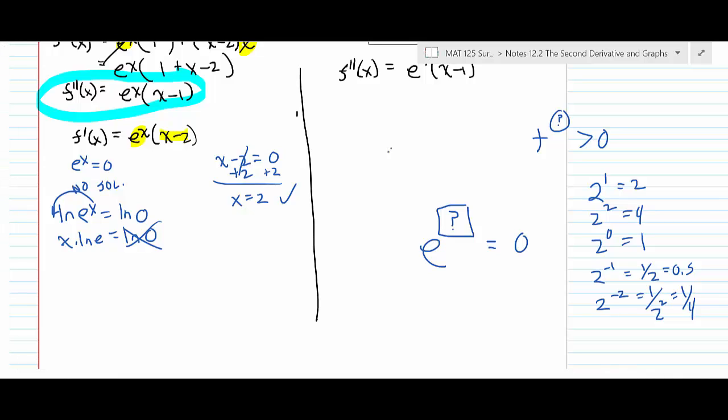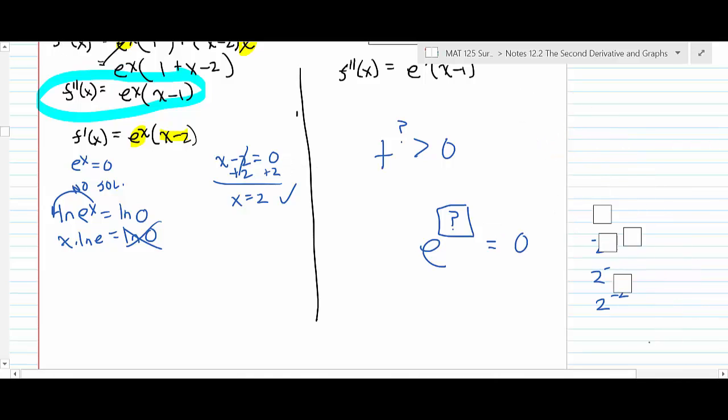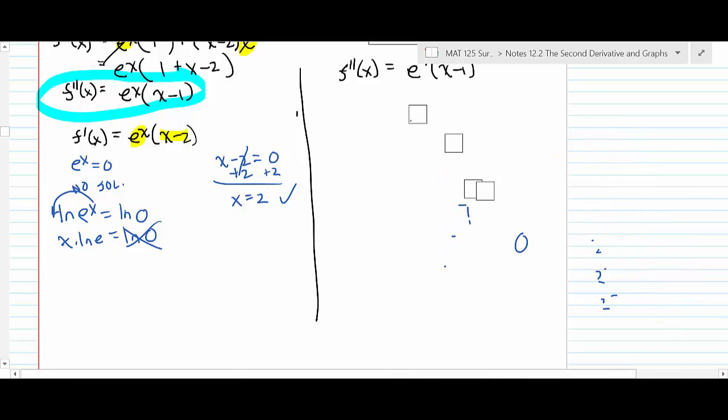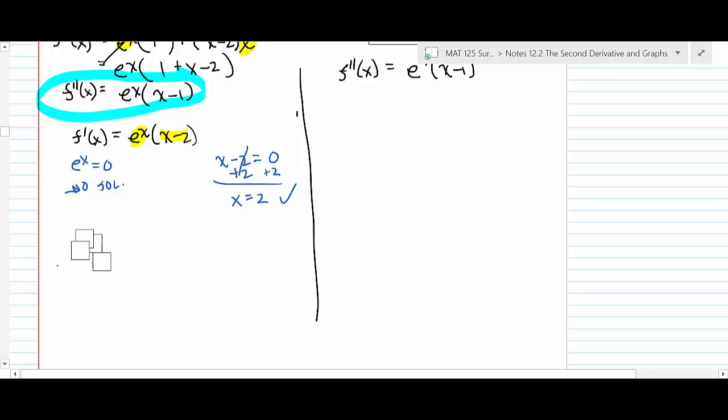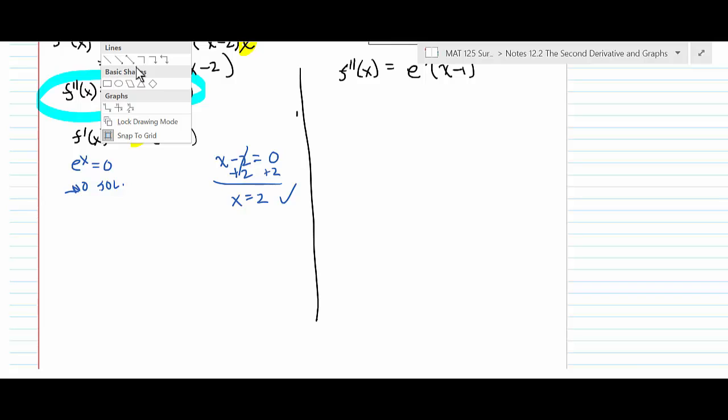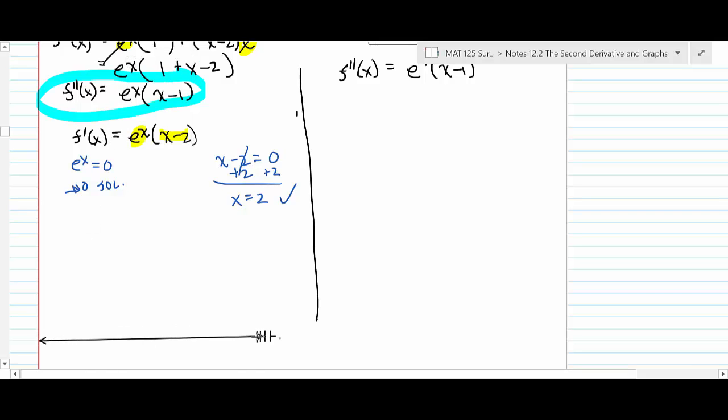You need to know that a positive number to any power is always positive. That's super important. So that means we only have one critical number, and now we're ready to do our sign chart. Again, we're going to draw out our number line like this, and then we just divide it up. We got a critical number, x equals 2.